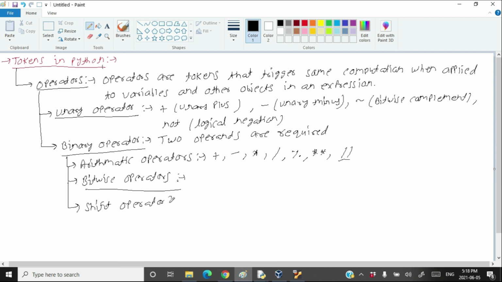Then we have something called identity operators. We have relational operators. We have logical operators.